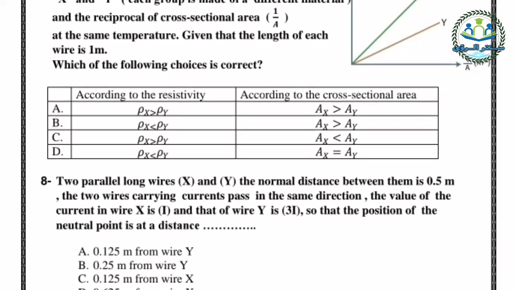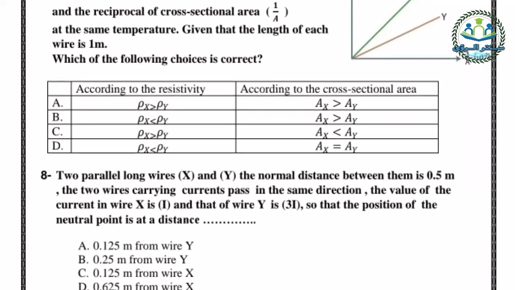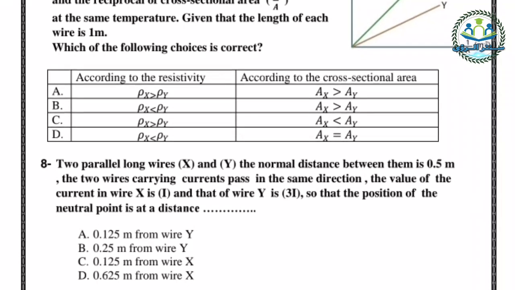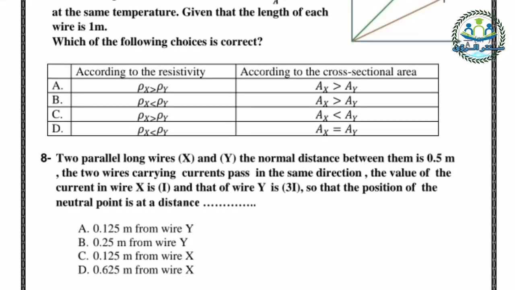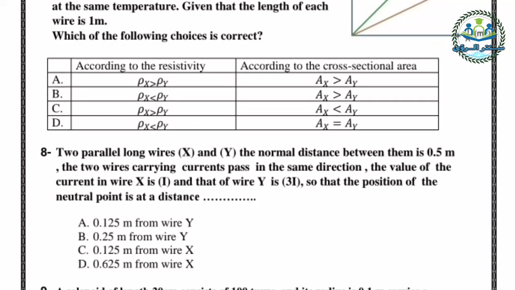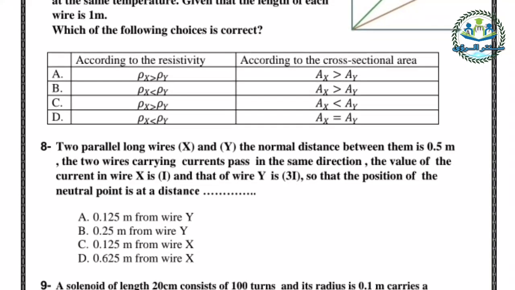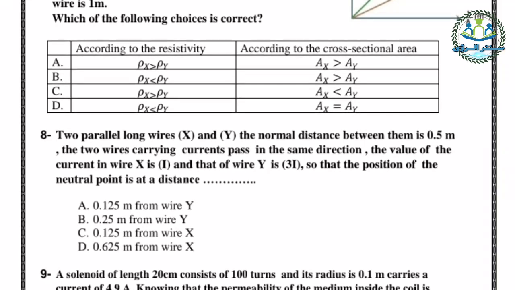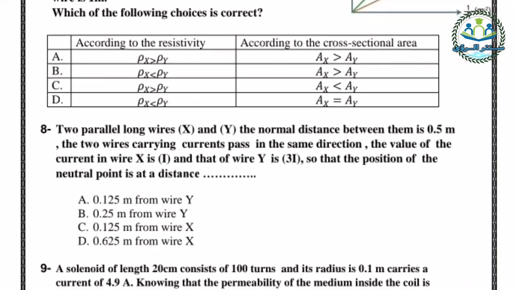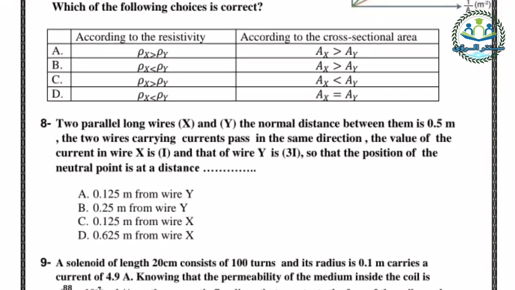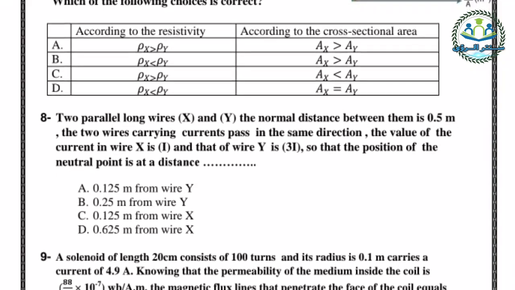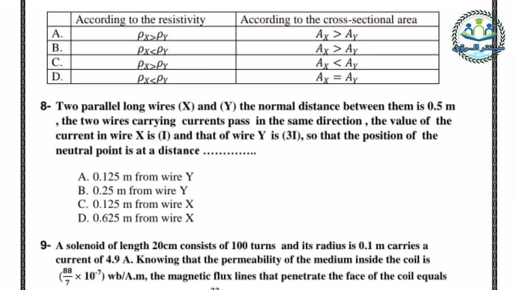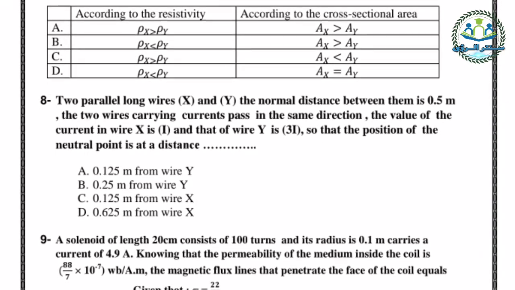The value of the current in wire X is I, and that of wire Y is 3I, so that the position of the neutral point is at a distance of: A) 0.125 m from wire Y; B) 0.25 m from wire Y; C) 0.125 m from wire X; D) 0.625 m from wire X.